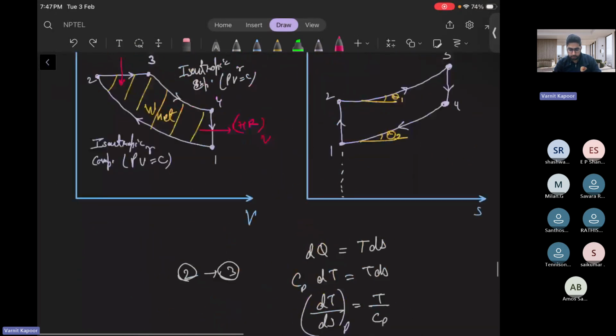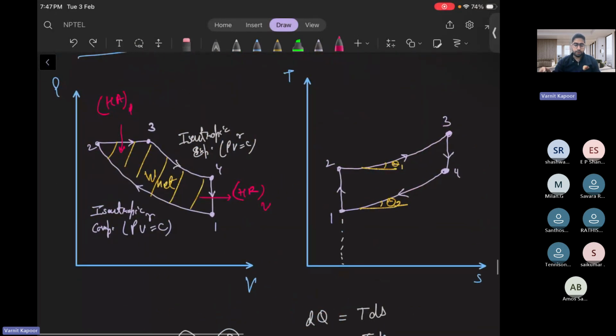Okay. So where were we? So heat is added at constant pressure. Let me write one point here also, in green. From 2 to 3, you are providing the fuel and heat is getting added. So this is fuel supply from 2 to 3.